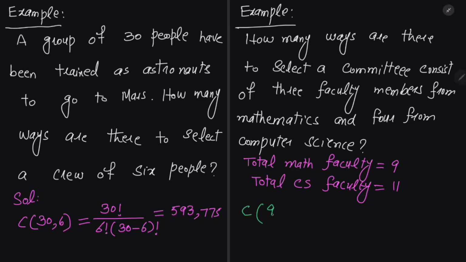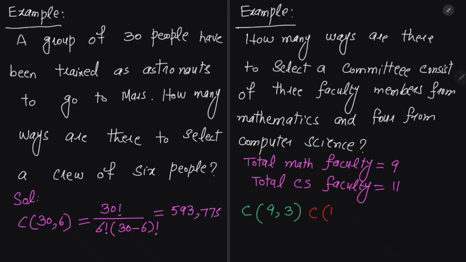There are a total of 9 faculty members, and if you want to send 3 faculty members in a committee, then we also have a second C, and we multiply these two combinations.